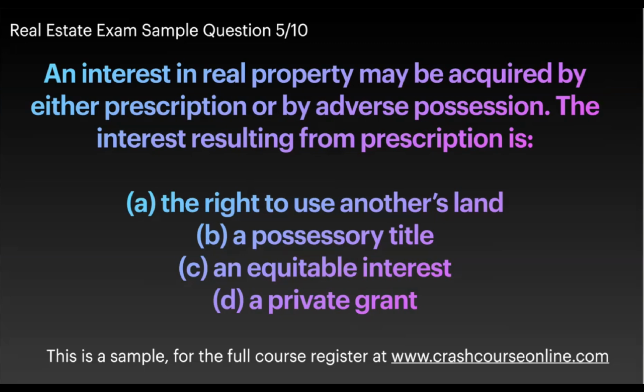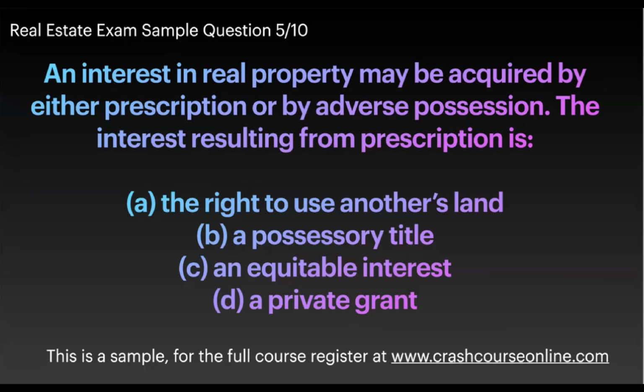Prescription's different though. In prescription, you don't have to pay the property taxes over the property that you want. A prescriptive easement, or an easement by prescription, is an easement or right of way to use another's land that you get not by paying the property taxes, but just by notoriously and openly using it. So in adverse possession, what I want is ownership.